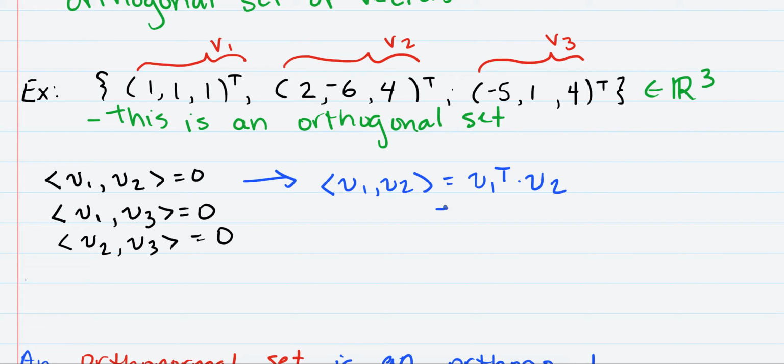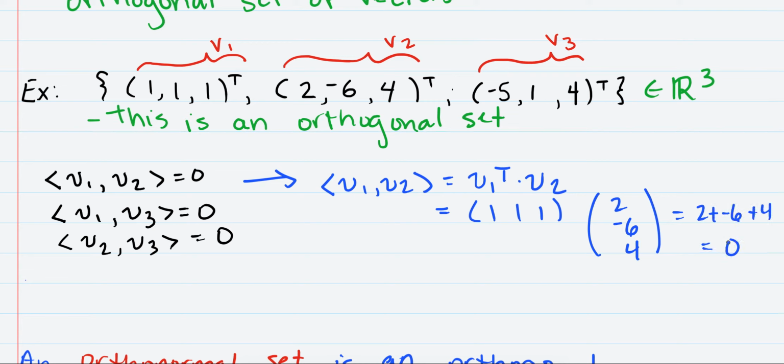Okay, so let's see. V1 transpose is 1, 1, 1, and V2 is 2, negative 6, 4. If we multiply these, we get 2 plus negative 6 plus 4, which is 0. So that works.